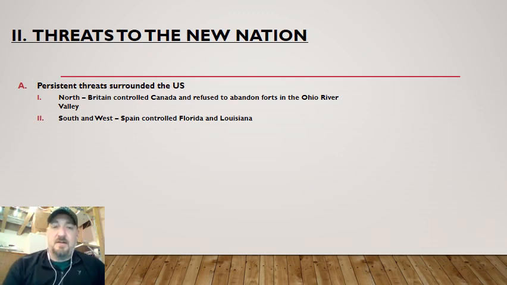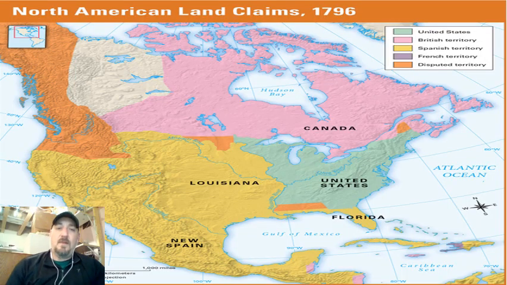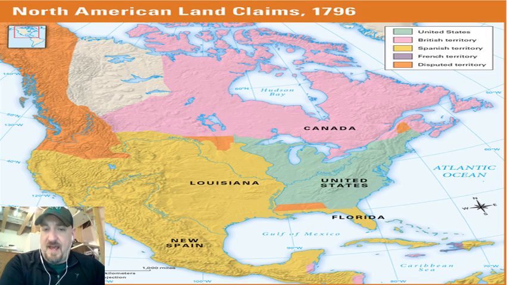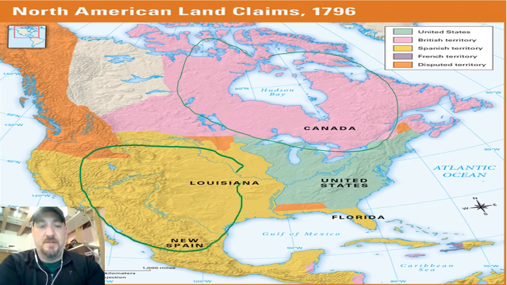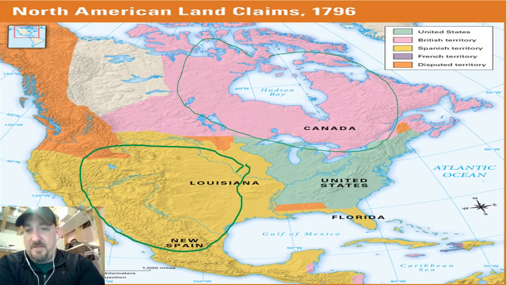and that was referred to as the Louisiana Territory. So when we're looking at the map, we see the areas in pink are referred to as Canada. That's under British control, right up here. And the yellow would be French, or excuse me, Spanish. French is the small pocket in purple.